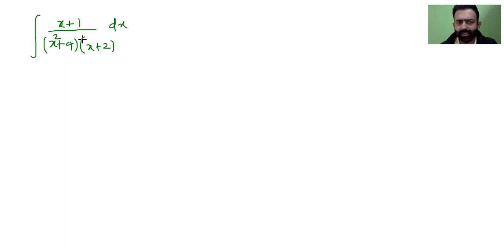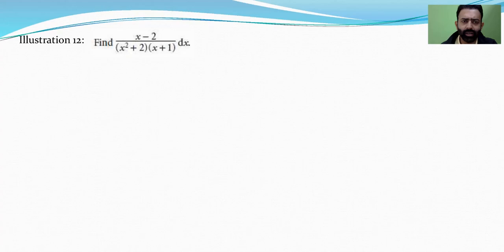Let us say that this has been partial fractioned into the type of a by x plus 1 or x plus 2, plus bx plus c over x square plus 4. So what you will do here is you will separate this bx plus c over x square plus 4. Okay, all right, let us do this, because I have this type of question in my PPT. So let us do this quickly.